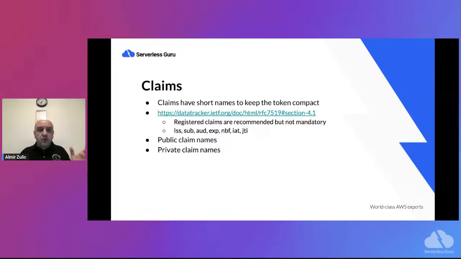The most important thing is that you agree with your users that these are the claims that you are using, and that they are aware of the claim names that you are using. So you just need to coordinate that, and it's perfectly fine to use them.